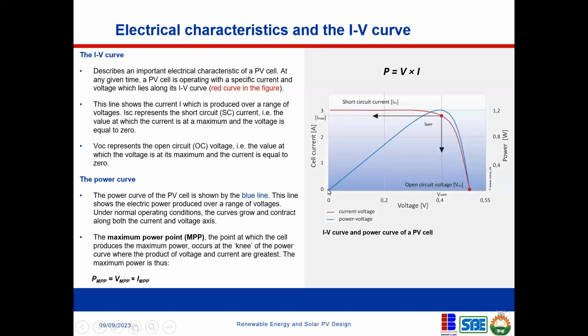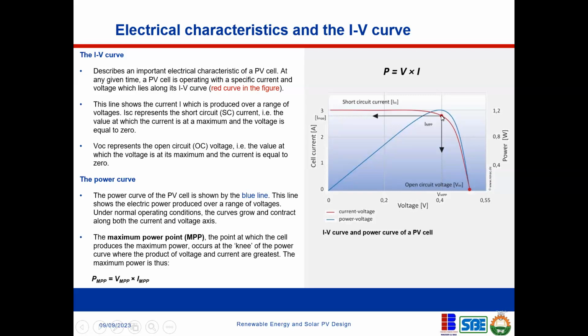Then at the maximum power point, the combination of your current and voltage gives you the highest power output from this system. That is where you have IMPP, the current at the maximum power point. This point is where you have it. Now look at what's going to happen.